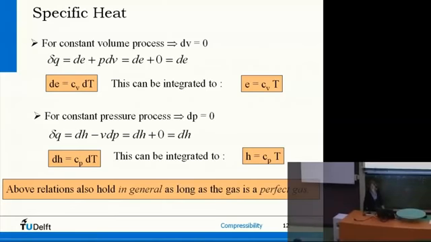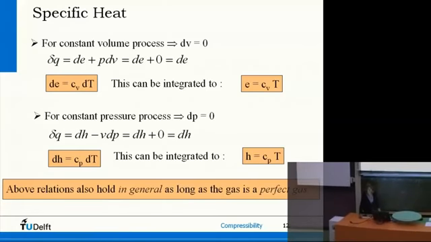Then we're at a constant pressure process, so I substitute, play the same game as here, the specific heats for this dQ, so then I find that dH is Cp times dT. Direct relation between enthalpy per unit mass and temperature. And I can integrate it, and I find this H is equal to CpT.